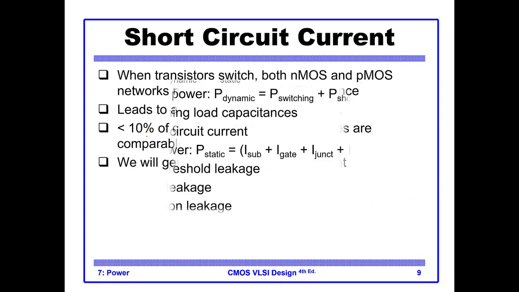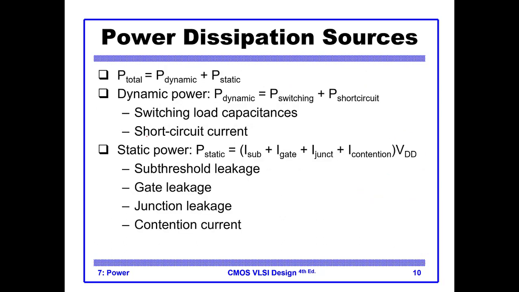So we can say that the total power dissipated during switching is the dynamic power consumption plus static. But in dynamic power consumption, we have two factors.